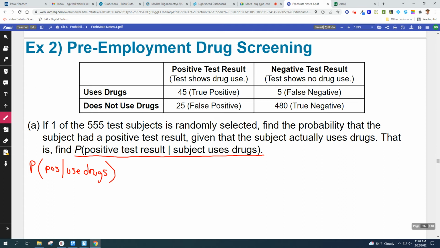You could use A and B if you wanted to, but it gets a little confusing when you use abbreviations, so I would rather use something descriptive. So the formula says it's the probability of the and, divided by the probability of the second one, use drugs.